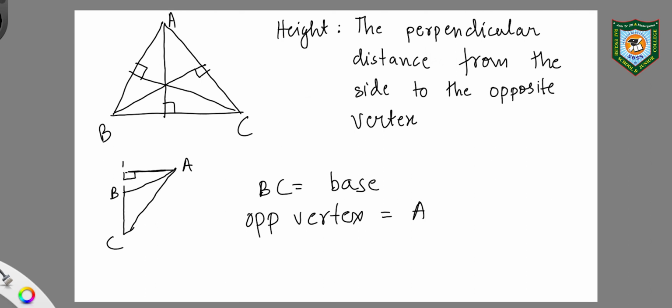And therefore, sometimes the height, even though not being inside the triangle, can be measured. So this is how height is defined: the perpendicular distance from the side to the opposite vertex.